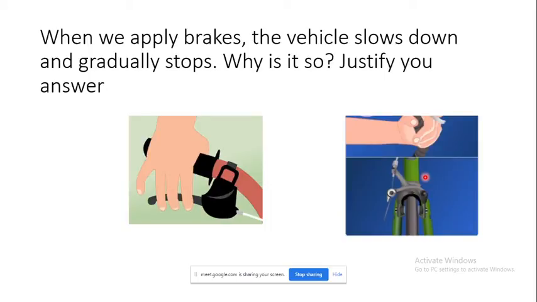Krishna Kumar, can you give me one example? Others, please answer through the chat box. Give me one example where you see frictional force acting.